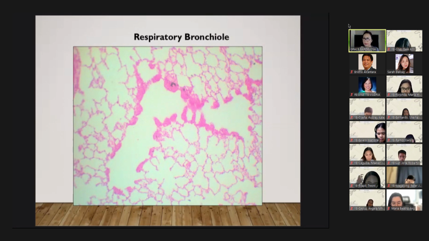And both of them have the same common features. The terminal one is lined with alternating cuboidal and non-ciliated columnar cells. The same is true for the respiratory bronchiole, which is also lined with cuboidal and ciliated cells. So it also has club cells.